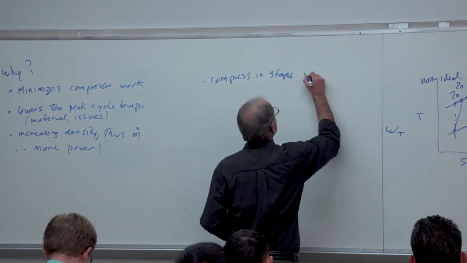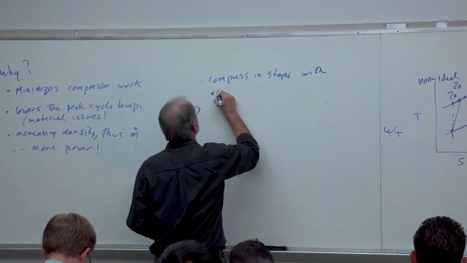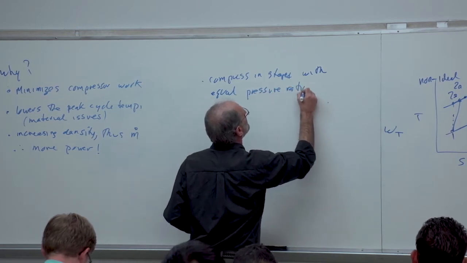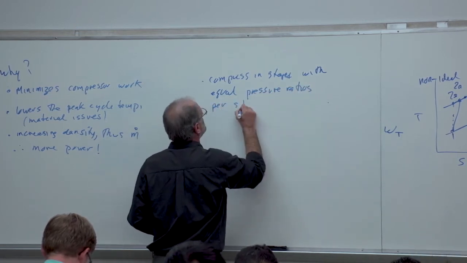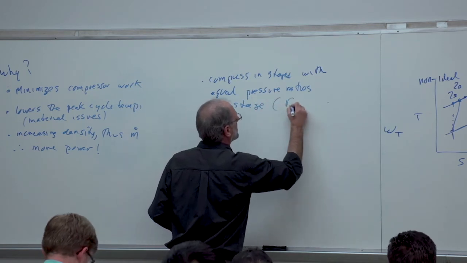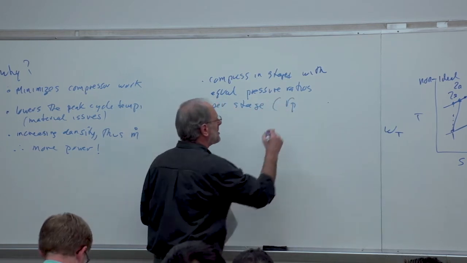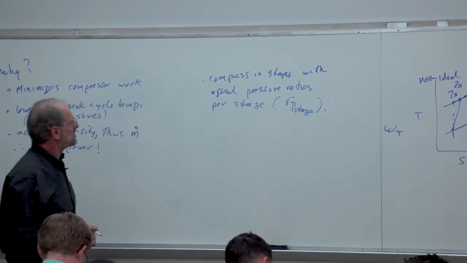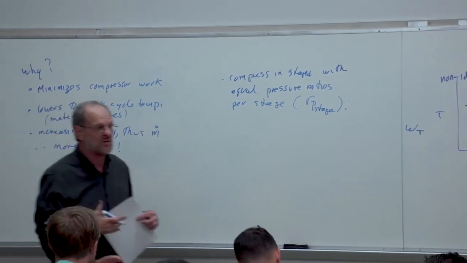So we're going to compress in stages with equal pressure ratios per stage. In fact, we're going to use RP as pressure ratio, but we'll just put a further subscript stage to note that the pressure ratio in each stage is certainly different than the total pressure ratio, right?